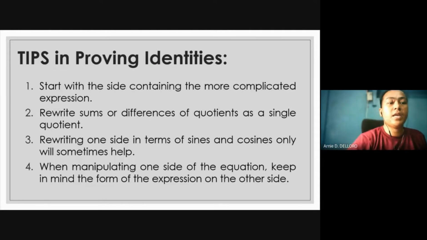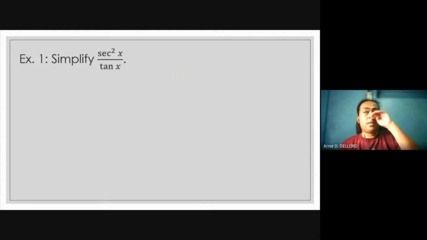Okay? So, let's have the first example. So, simplify muna tayo before we proceed with proving. Okay? So, pag sinabi natin simplify, we'll just express the trigonometric expression na mas simpleng tingnan. Okay? For the first example, we have secant squared x over tangent x.